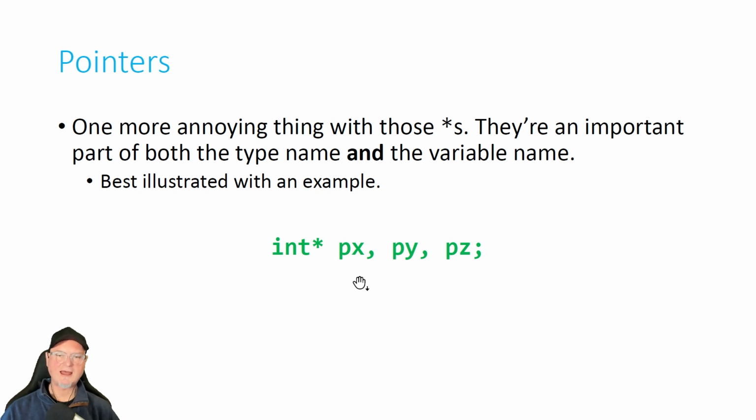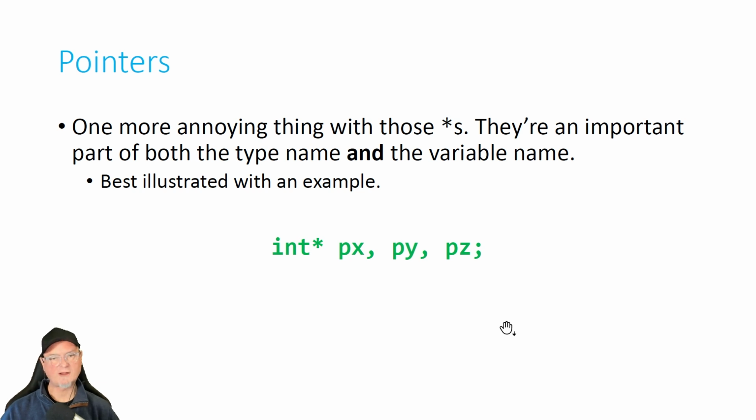You could initialize 3 variables by declaring int and then naming the variables separated by commas, and it would initialize 3 ints. And because of that, you might expect the dereferencing operator to declare 3 star int type variables. So one pointer called px, a pointer called py, and a pointer called pz.